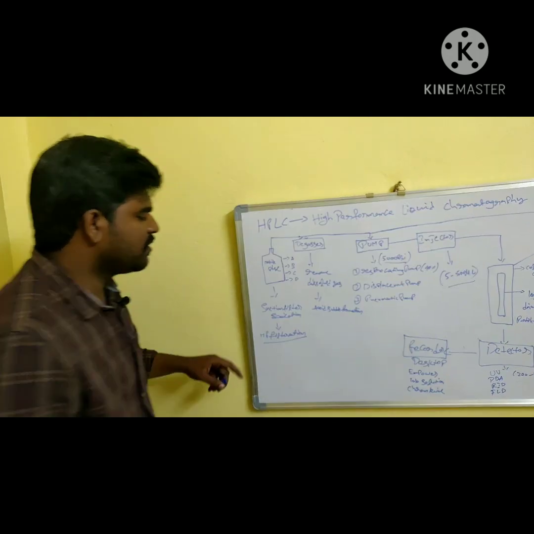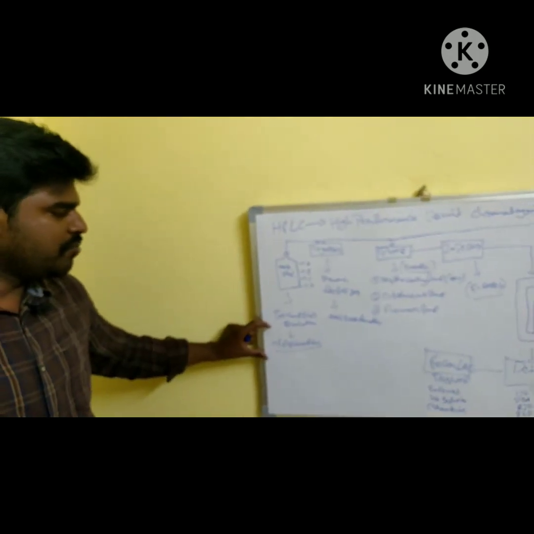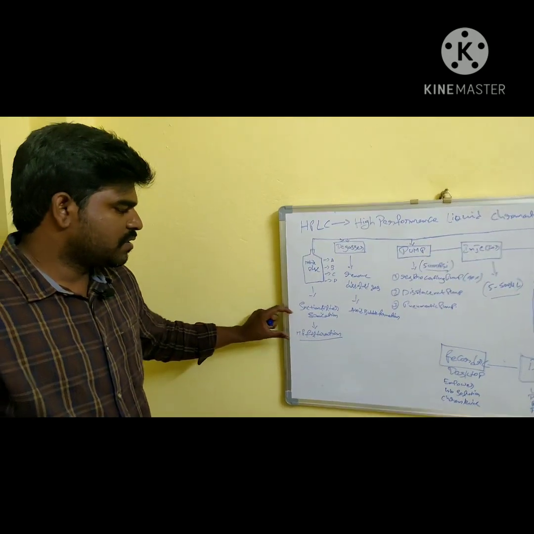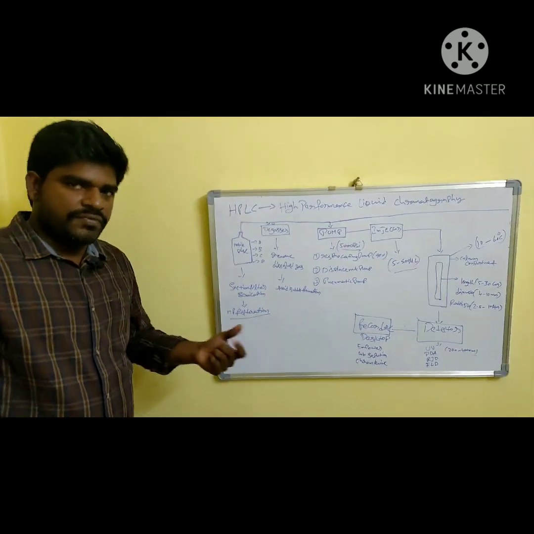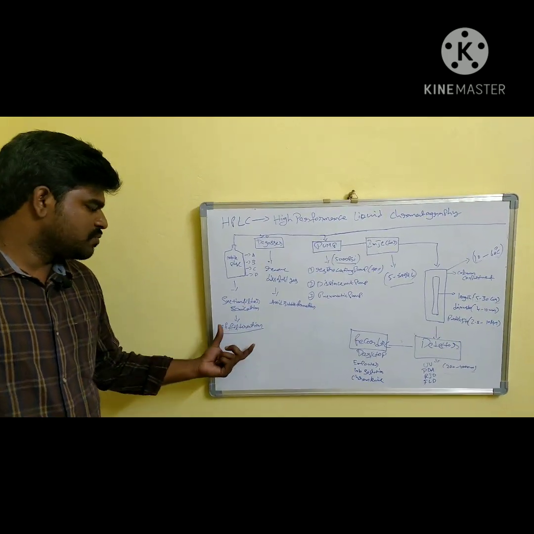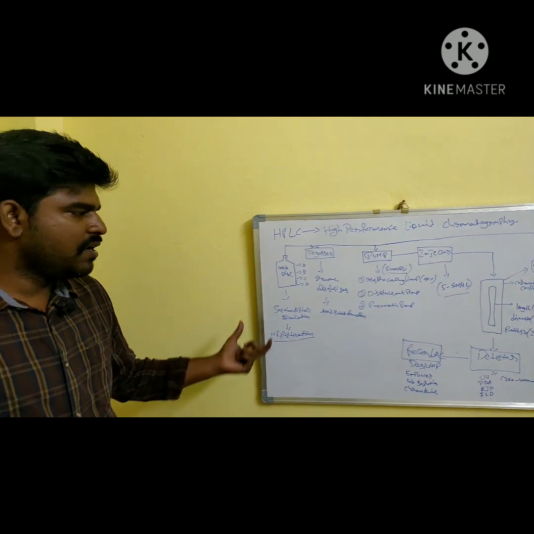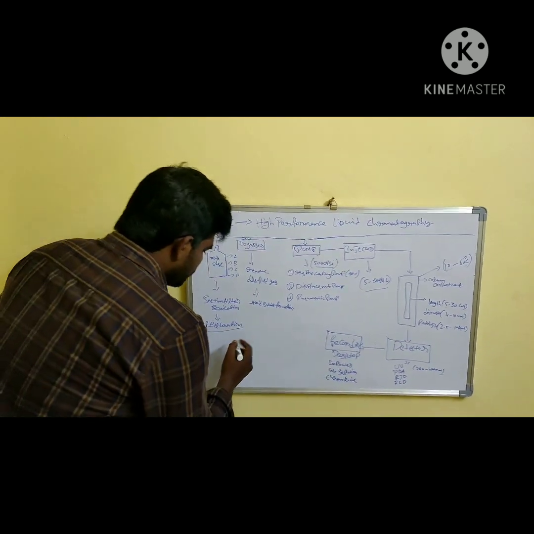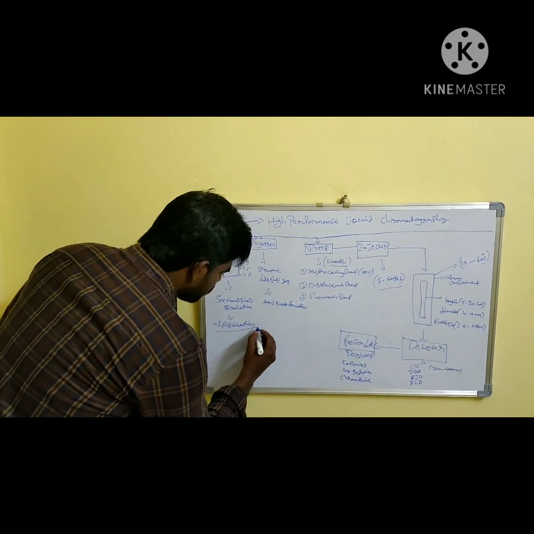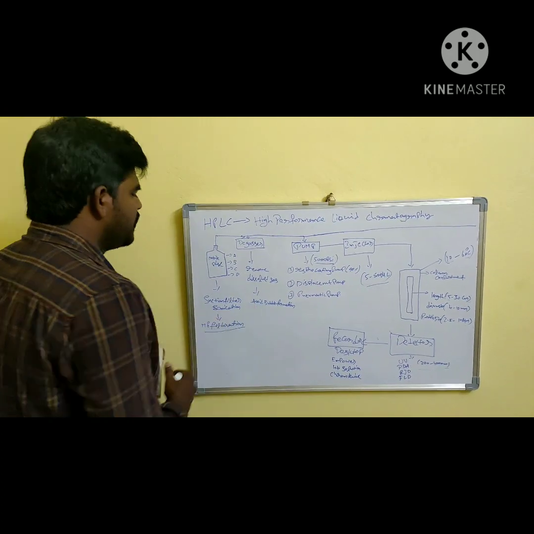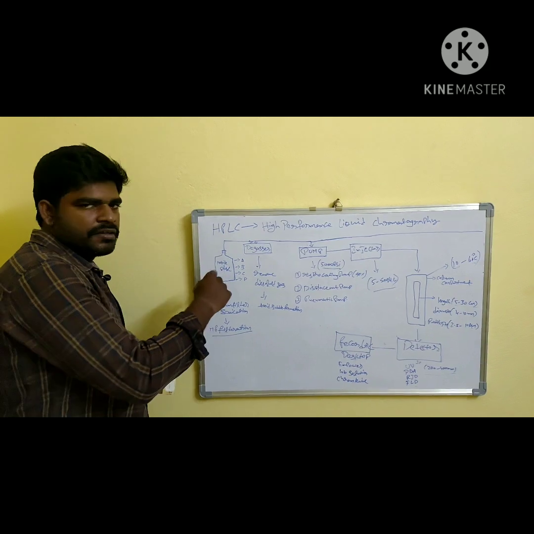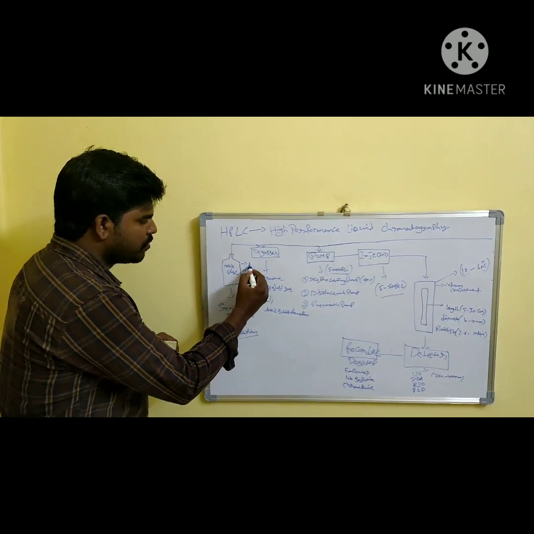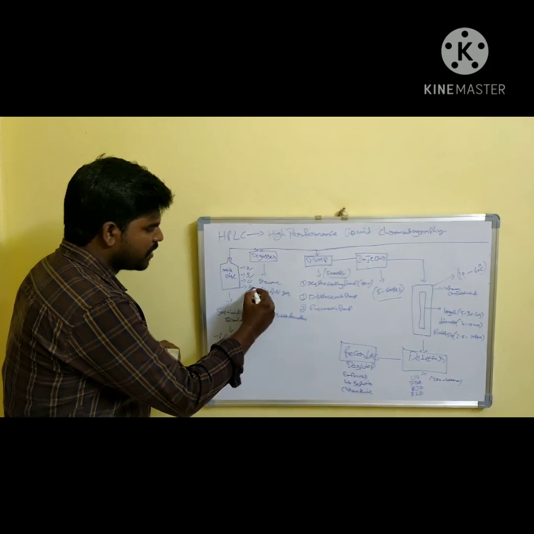After preparing the mobile phase, we need to filter it. Why? Because most of the time we use different types of buffers, and the buffer may have some foreign matter that will interrupt the baseline. To avoid that, we use filtration. After filtration, we keep it in the respective ports, A port, B port, C port and D port.